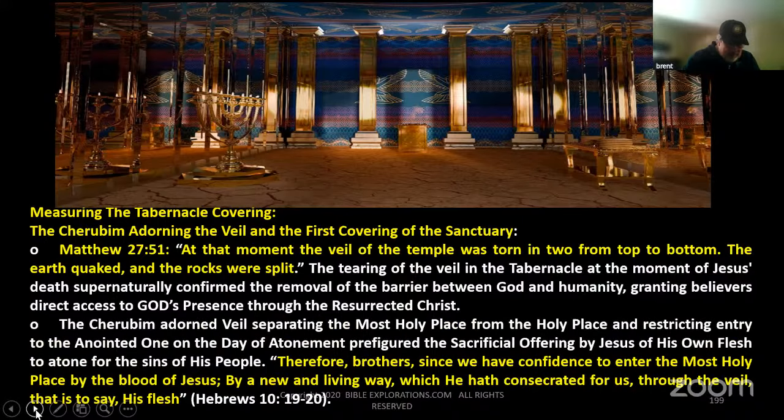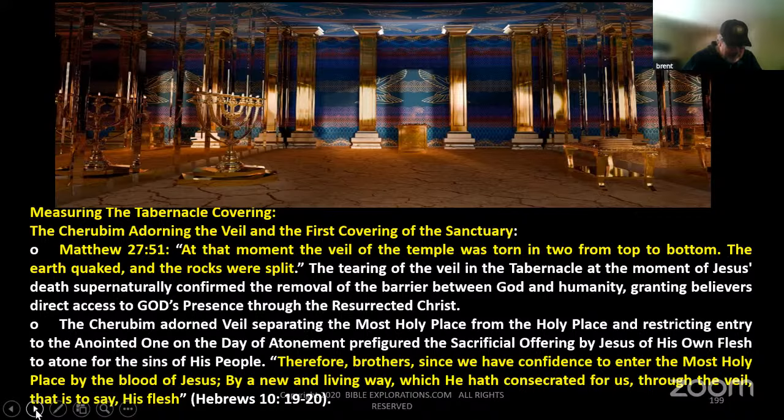Matthew 27:51 says, At that moment, the veil of the temple was torn in two from top to bottom. The earth quaked and the rocks were split. The tearing of the veil in the tabernacle at the moment of Jesus' death supernaturally confirmed the removal of the barrier between God and humanity, granting believers direct access to God's presence through the blood and resurrection of Christ.